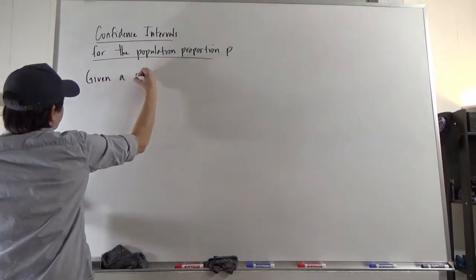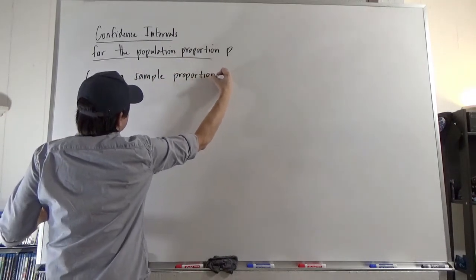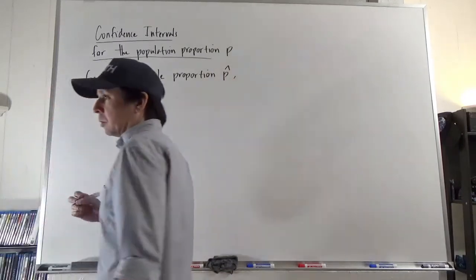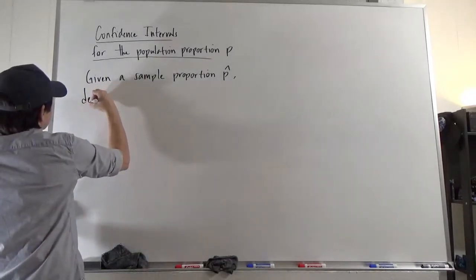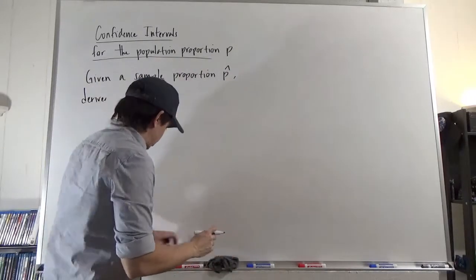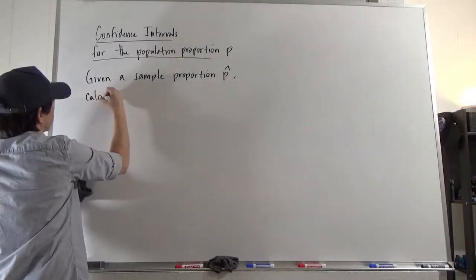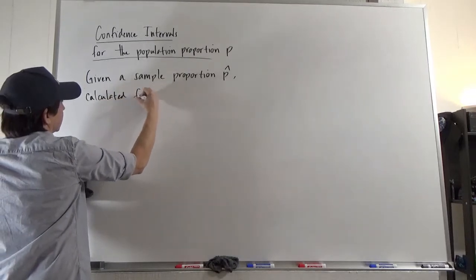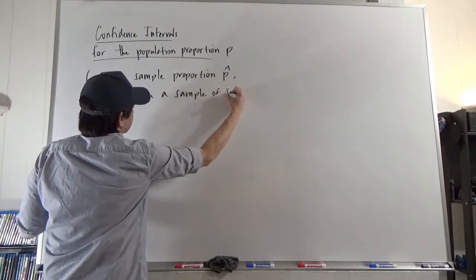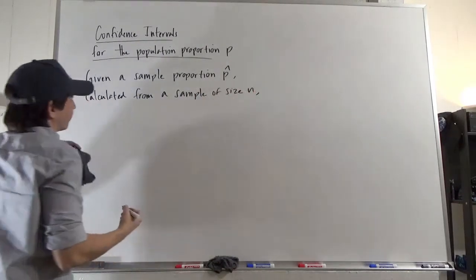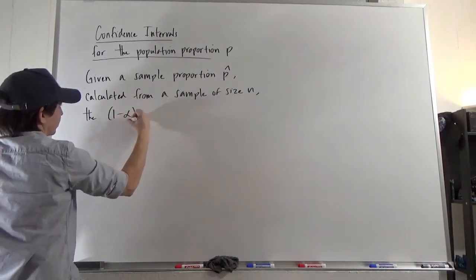Given a sample proportion P hat, calculated from a sample of size n, the blank percent confidence interval.